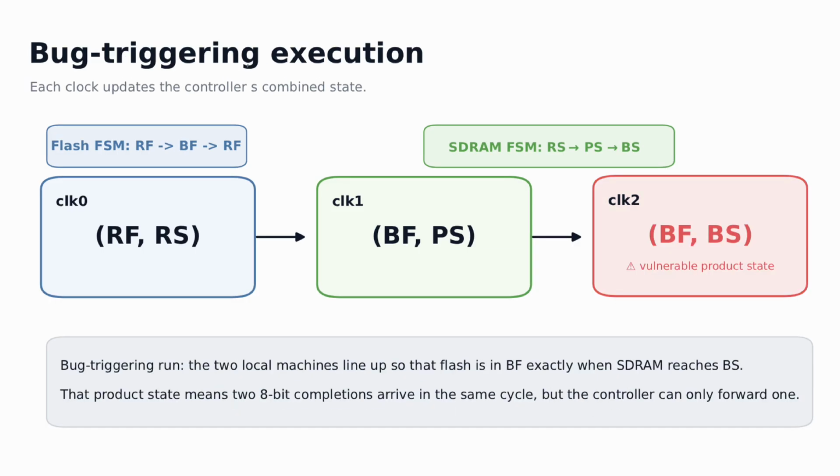But here is an almost identical execution, but this does have the bug. In this case, the two local machines line up so that the flash is in that busy state exactly when the SDRAM reaches the busy state as well. And because they're arriving in the same cycle, the controller can only forward one, and this is a bug.